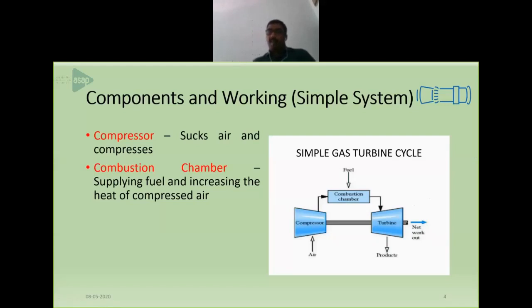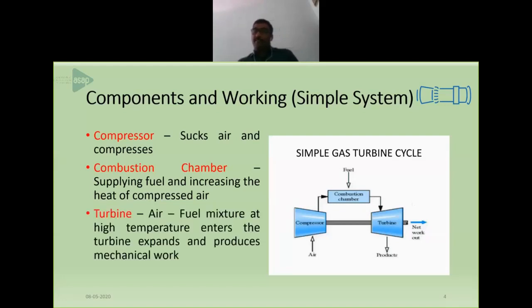When it reaches the turbine, there will be high enthalpy or heat content for the fluid entering the turbine. So there will be an expansion process. During the expansion, the air-fuel mixture expands and work is produced. That work is the mechanical work which we are getting.